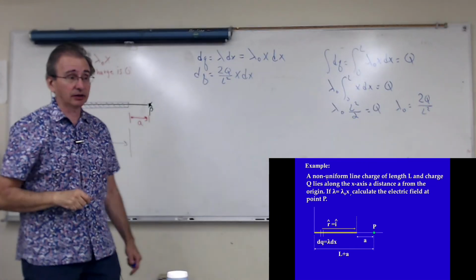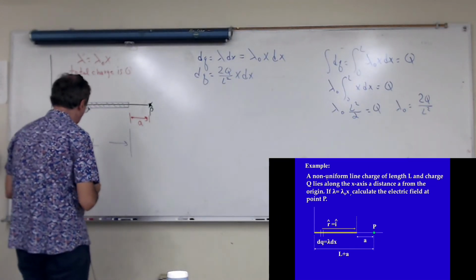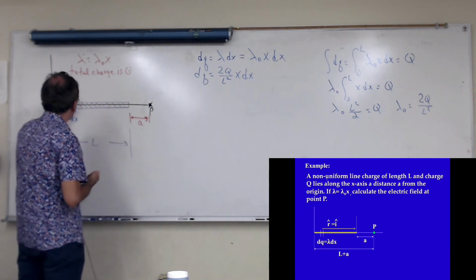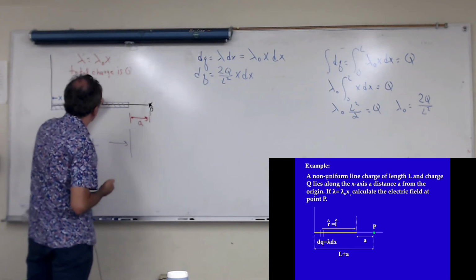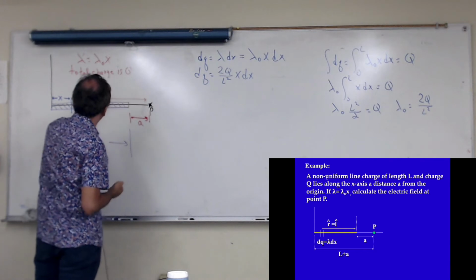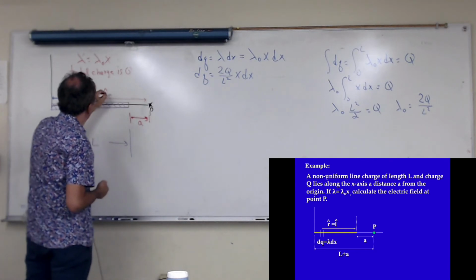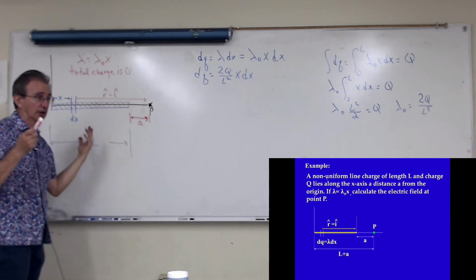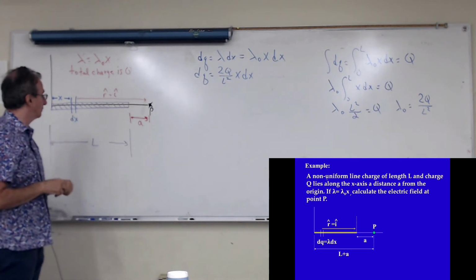Okay, so I have my dq. What's my r hat? R hat is the unit vector that goes from the source to the point. And that's in the I hat direction. All right, that vector points to the right. It's in the I hat direction. That was easy. I'm done with that.